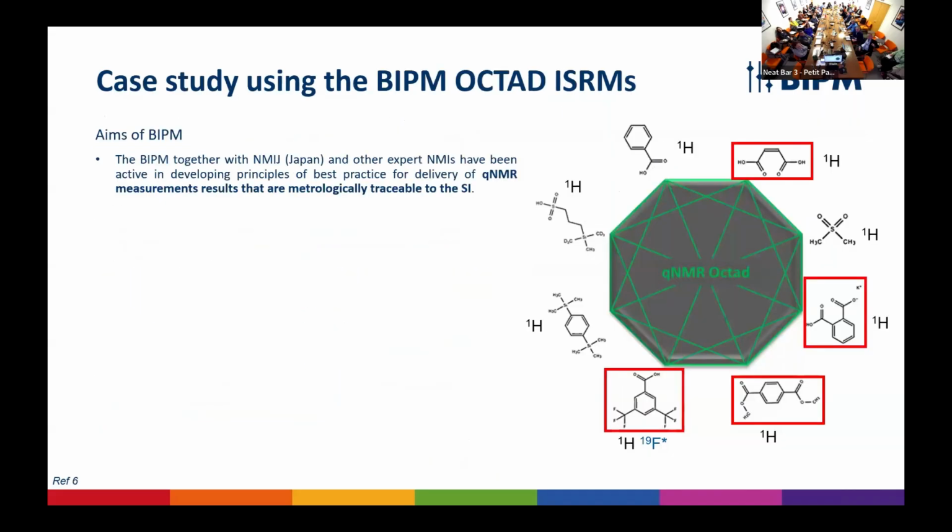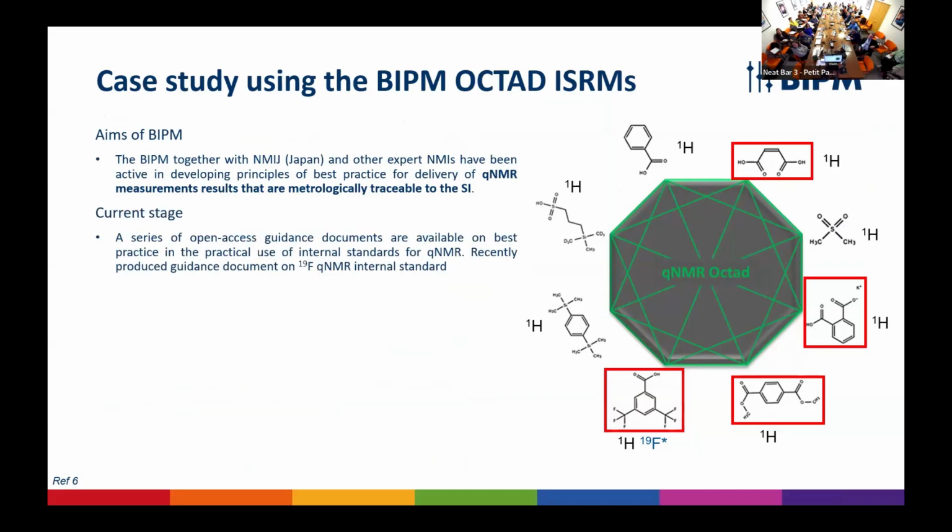How does this relate to what we're trying to achieve at the BIPM and within the CPM and the CCQM? It's looking at the activities of the BIPM together with NMIJ and other expert NMIs, looking at the different reference materials that have been validated and verified to use as internal standards.